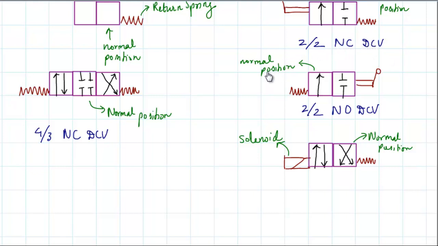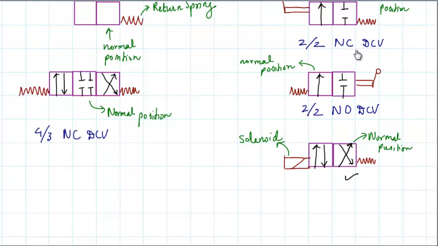So what is happening in this position? In this particular normal position, port P and B are attached and port A and T are attached.